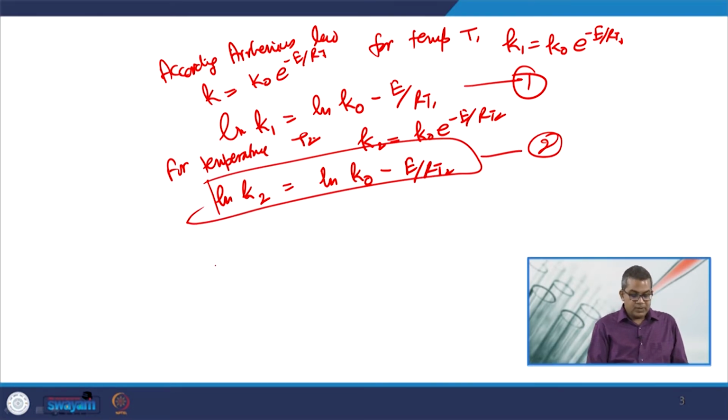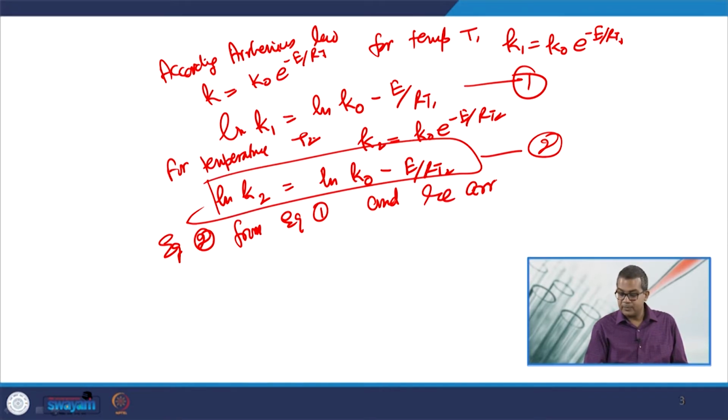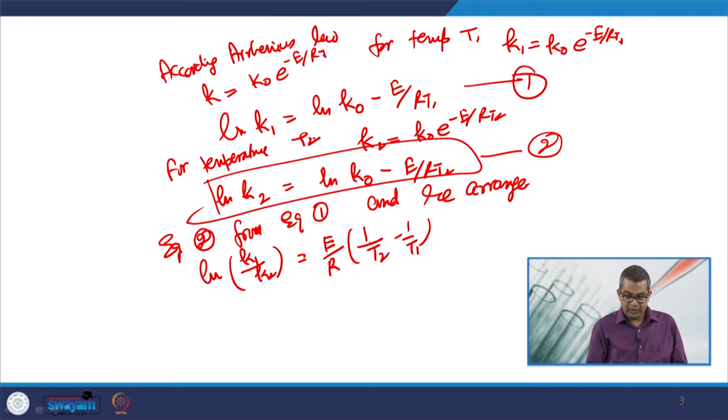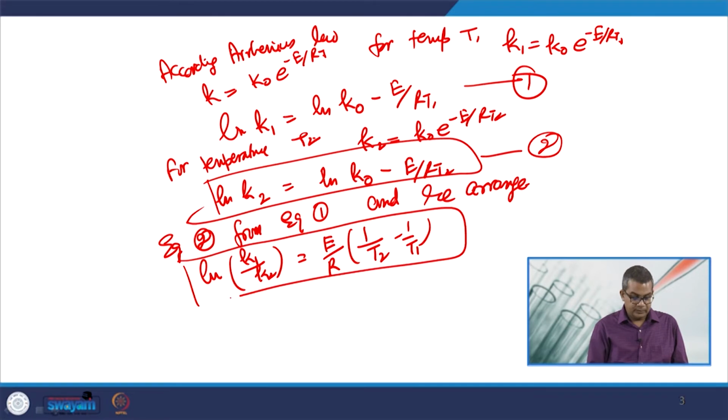Now, if we subtract equation 2 from equation 1 and rearrange, we will have ln(k1/k2) = (E/R)(1/T2 - 1/T1). This is equation number 3.